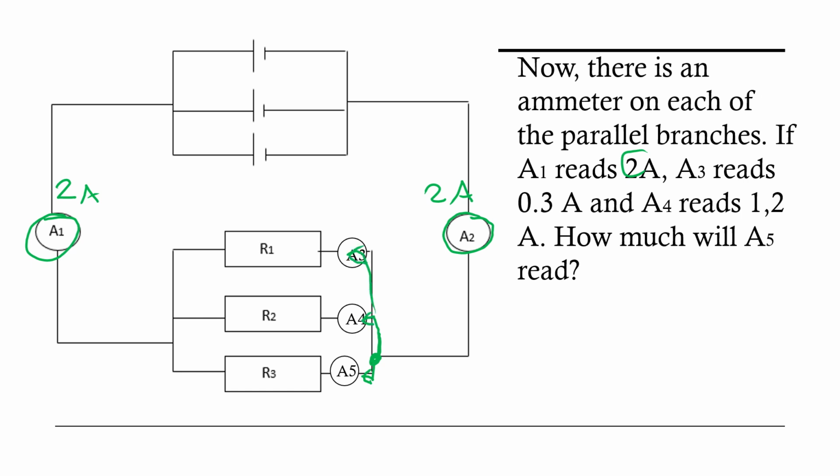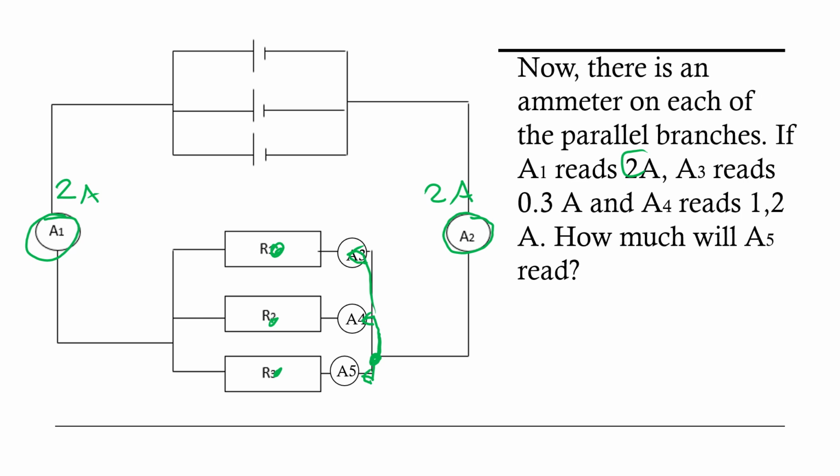There are 3 sections to my parallel circuit. So that means my current needs to get divided by the 3 parallel sections. But it's not equal. Remember, it's only equal division if this resistor and this resistor have the same resistance. So if they were all 1 ohm, then it would be divided equally. But they're not all 1 ohm, so we can't divide it equally, okay?